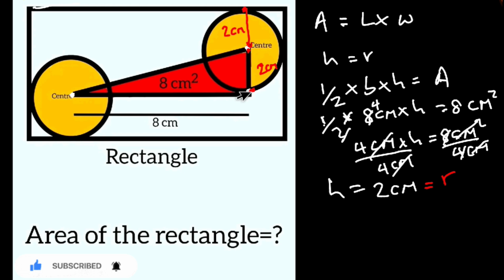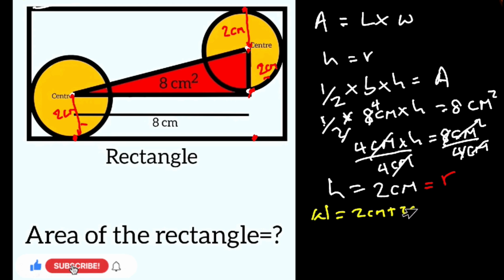Now from this point to this point is equal to the radius of this circle, which we know as 2 cm. So the width of this rectangle is equal to 2 cm plus 2 cm plus 2 cm, which is equal to 6 cm.